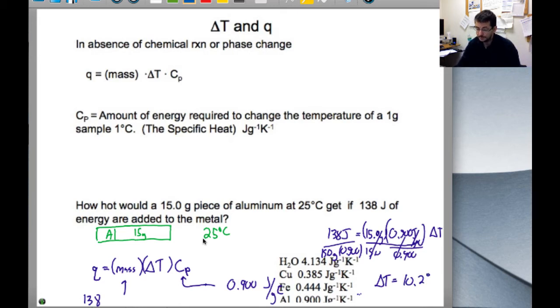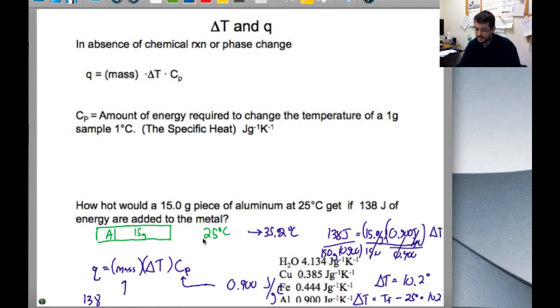And it would be a positive 10.2. Again, delta T is equal to final minus initial, so the T final minus 25 degrees initial will equal 10.2. We can rearrange and solve that. It says that our final temperature at the end of this will be 35.2 degrees centigrade.